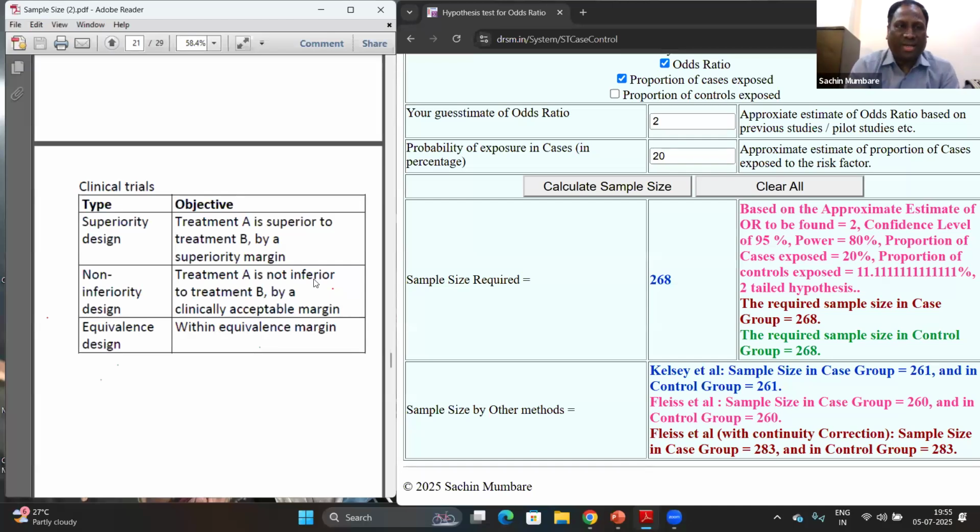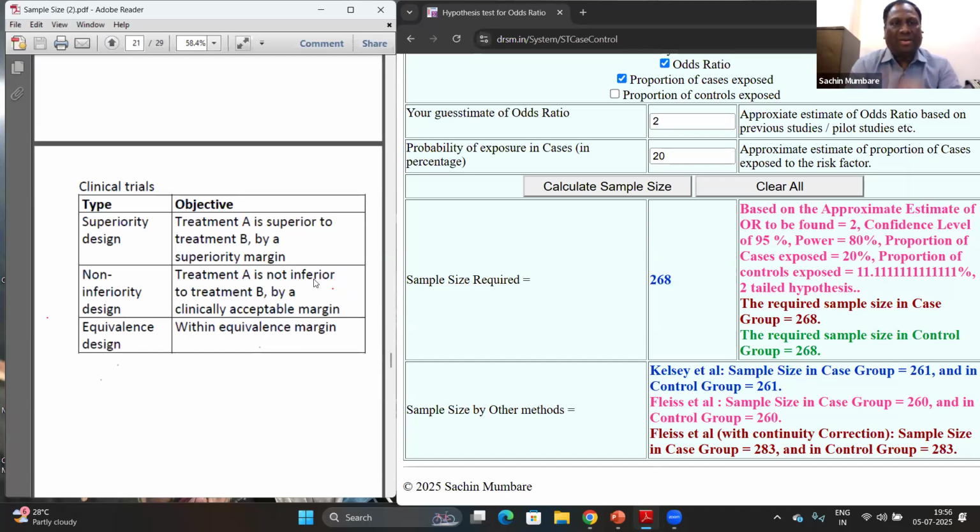In superiority design, a new treatment is tested for superiority against the available treatment, and that too by a superiority margin. That means, suppose the success rate with a known treatment is 50% and the superiority margin is considered as 10.